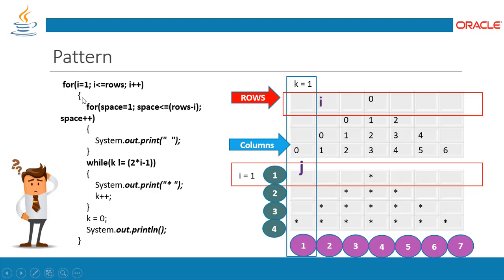Here you can see I is 1 and space is 1, so space is filling and K equals 1. This is how we are going to have the condition. Since the value of space is incrementing, we have to have the incremented loop and put the space on it. This is how we create a logic out of these patterns.